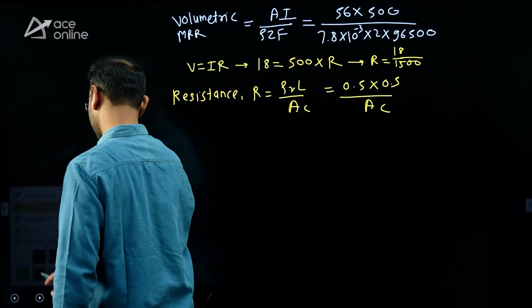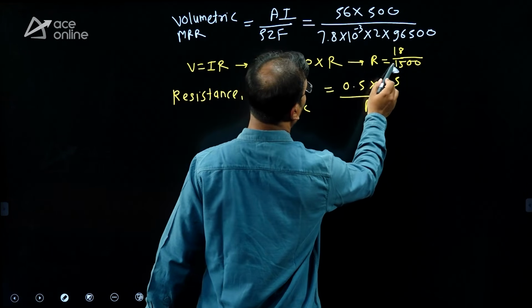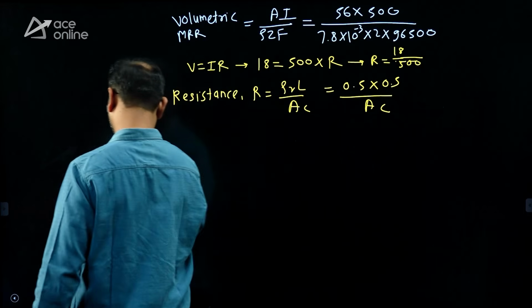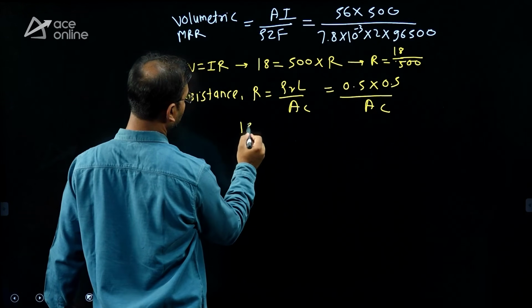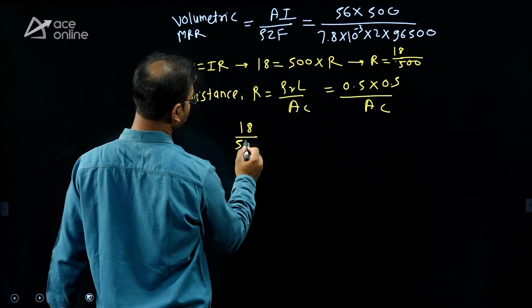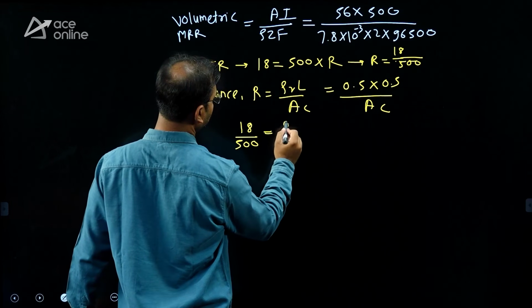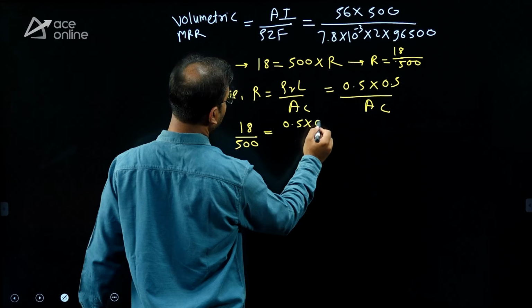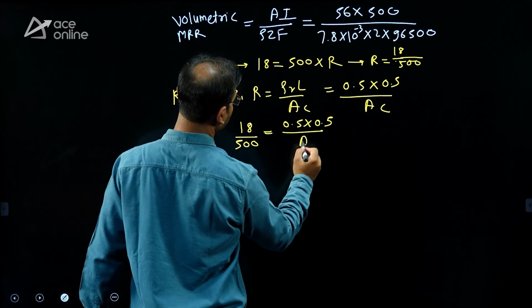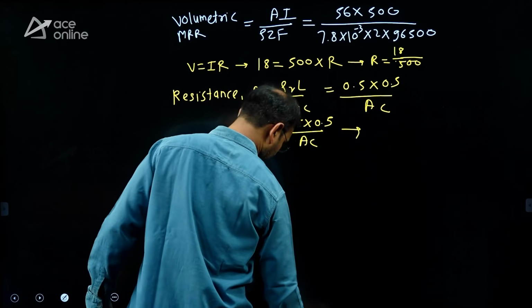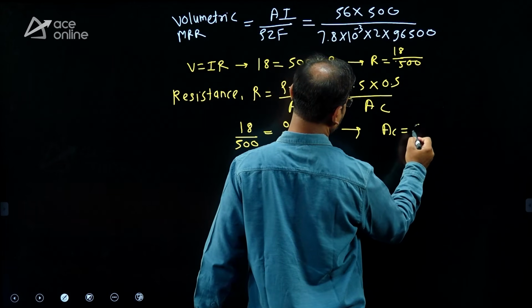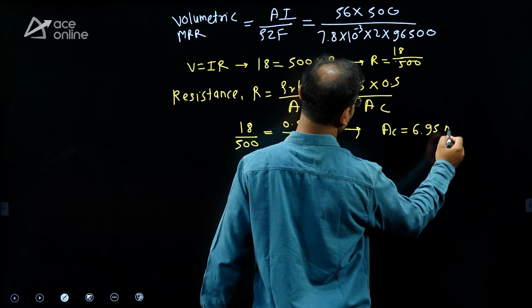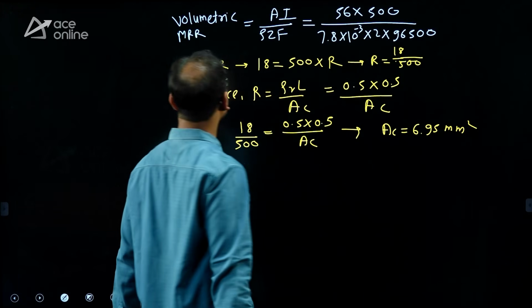Then 18 by 500 equals 0.5 into 0.5 by AC. Then here you will get the value of AC, 6.95 millimeter square. Okay, you calculate, guys.